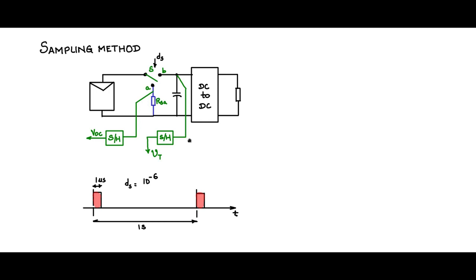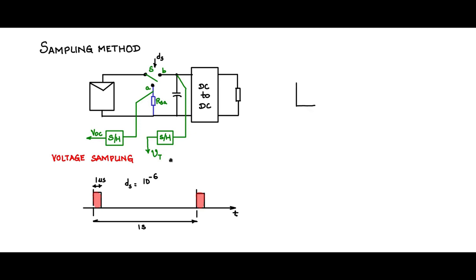Now this is called the voltage sampling method. So once VOC and VT are sampled, basically the control block diagram for achieving maximum power point tracking will be the same as what we had discussed in the reference cell method with voltage scaling.